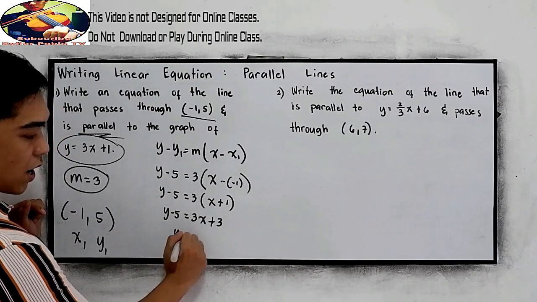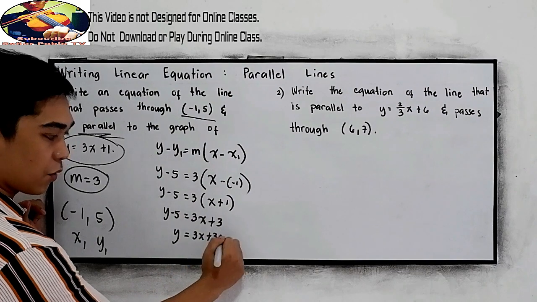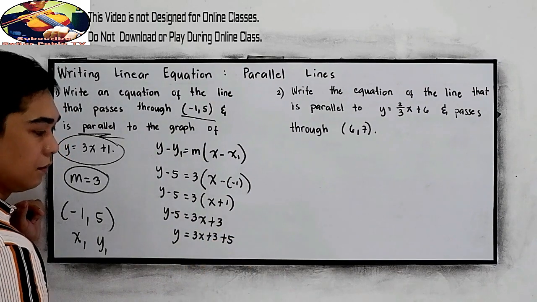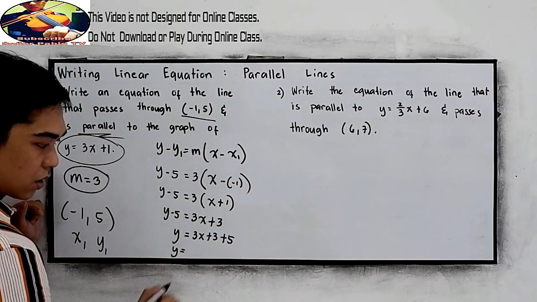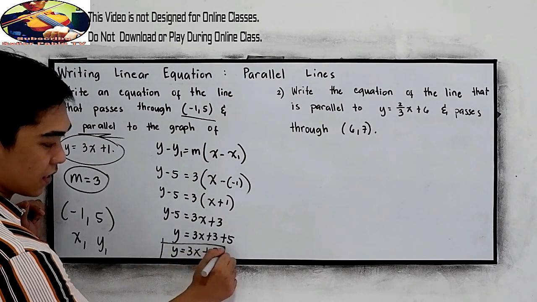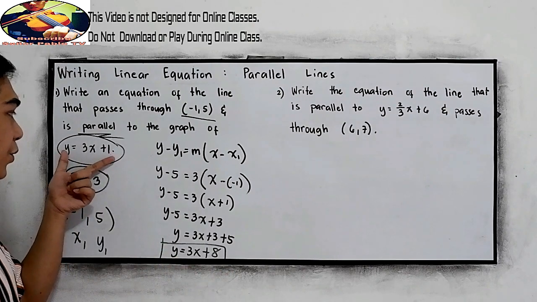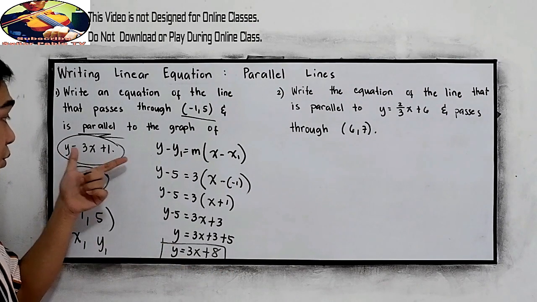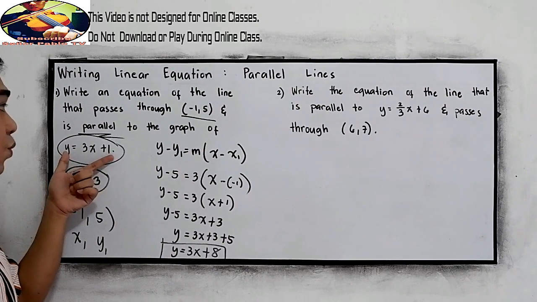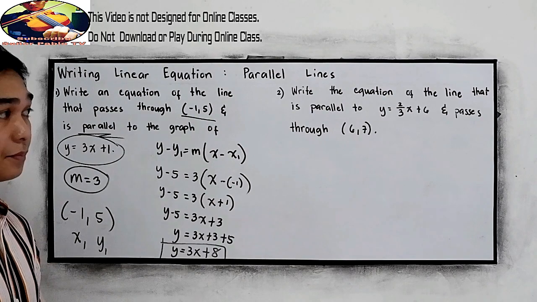Move the 5: y is equal to 3x plus 3, addition property of equality, plus 5. Y is equal to 3x plus 8. This is now the equation of the line that is parallel to y is equal to 3x plus 1 and passes through -1, 5.